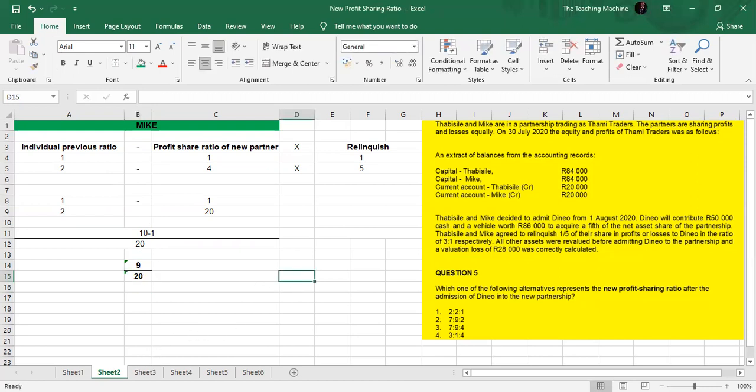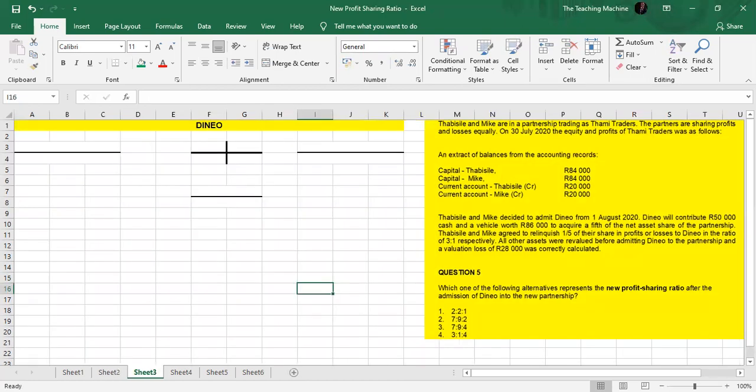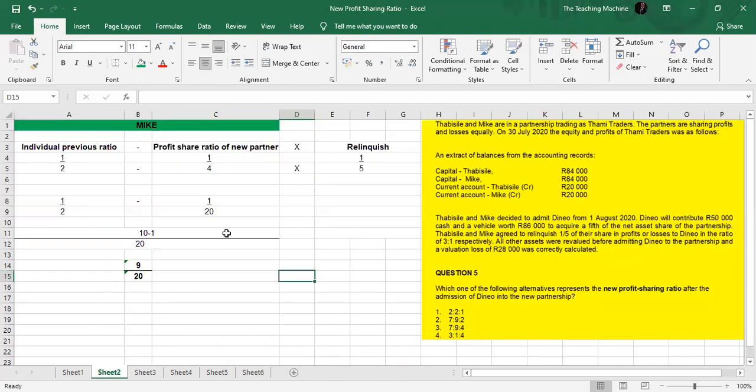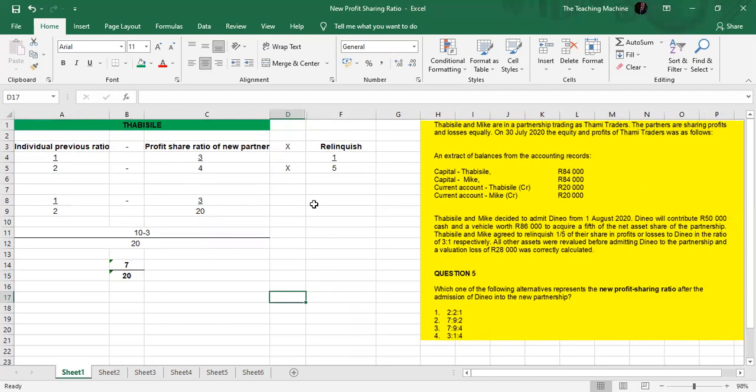What about for the new partner? For the new partner, I'm going to take this part from Mike and then take this part from Tabisile. All right, let me try and copy this.